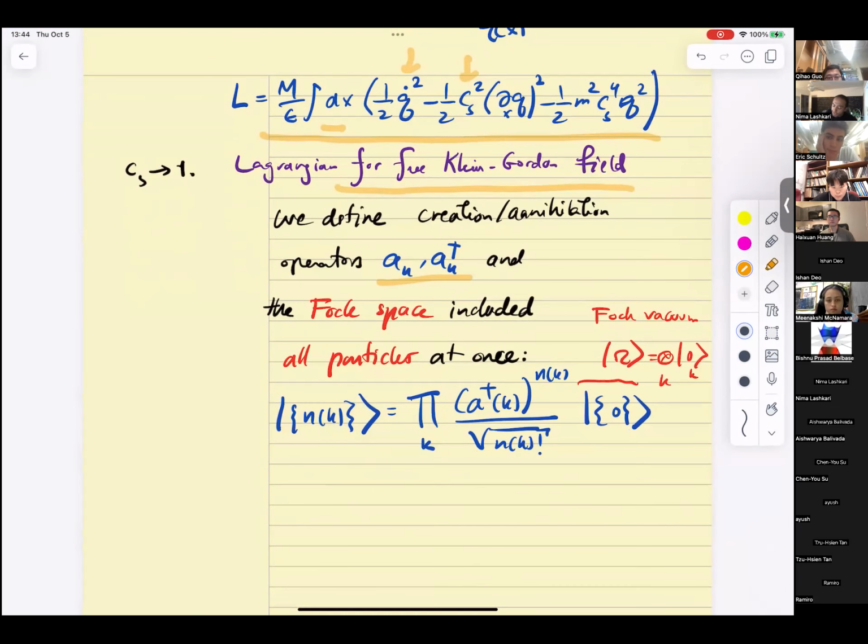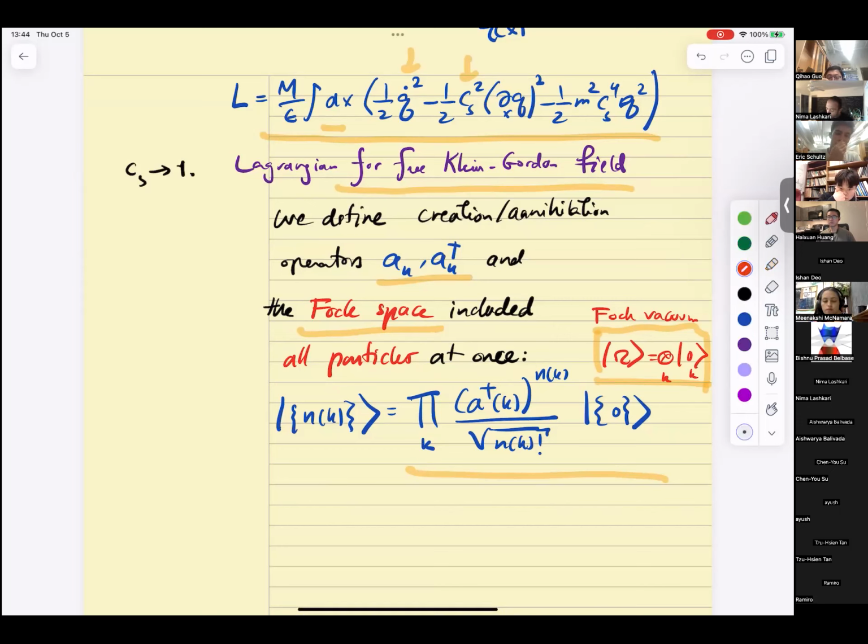We define the creation and annihilation operators for these k modes. We constructed a Fock space, which is basically defined by the vacua, tensoring the vacua of every k mode, right? So there's a continuous set of them, or it could be discrete if you're in finite volume. This is the notation I'll use for the Fock vacuum. And then you apply all sorts of a_k daggers to create multiple particles, right?